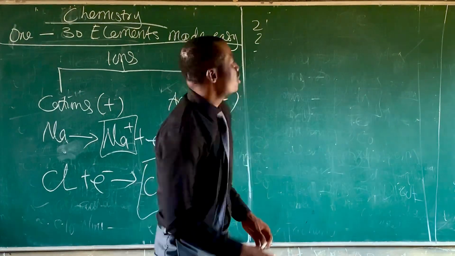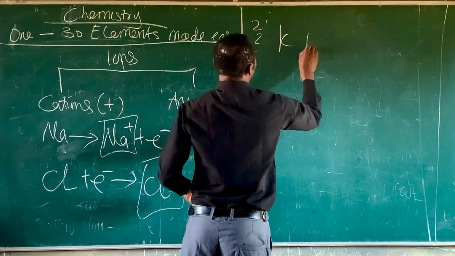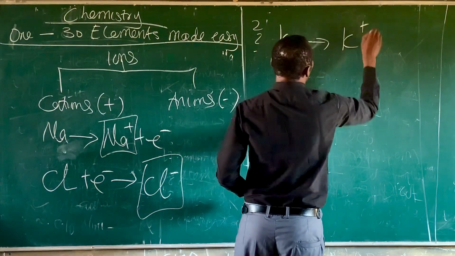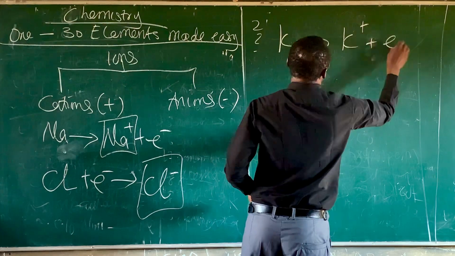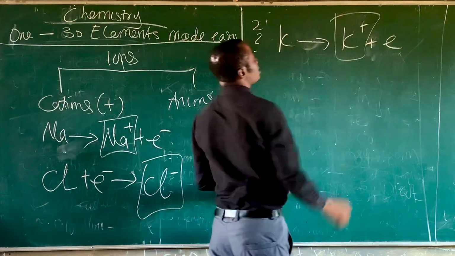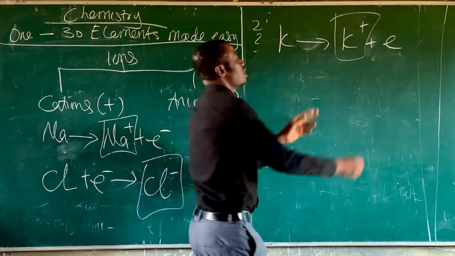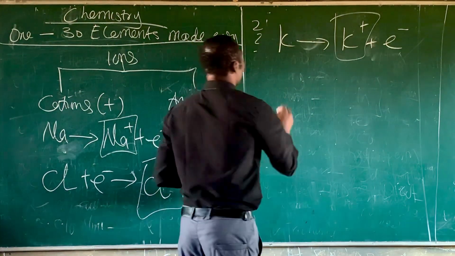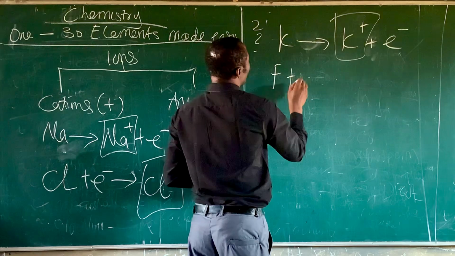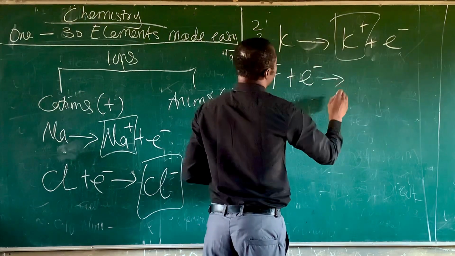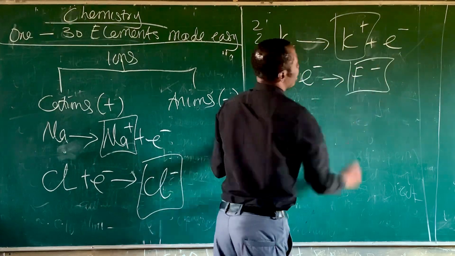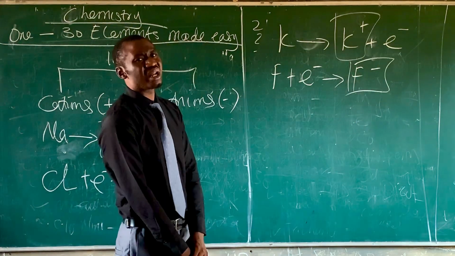Now we have potassium. Potassium can lose an electron. And when potassium loses an electron, it will become charged. So this is the potassium ion because it has lost an electron. And let's say we have fluorine. Fluorine can receive an electron. And then when fluorine receives the electron, it will become an anion. That is a fluorine anion.